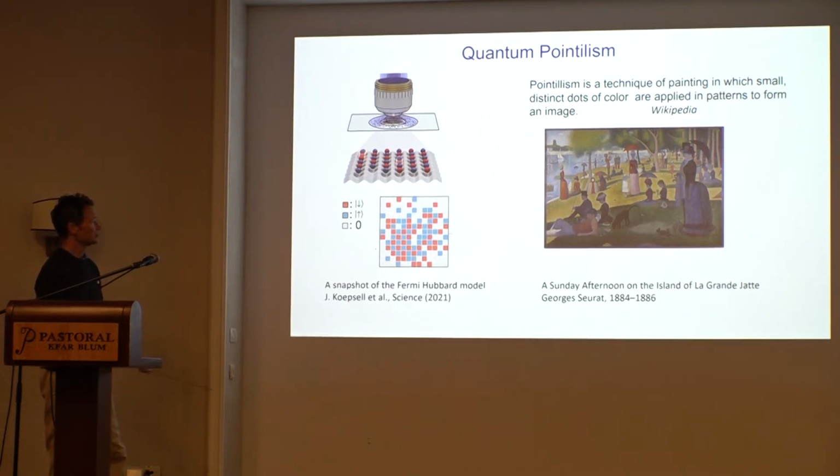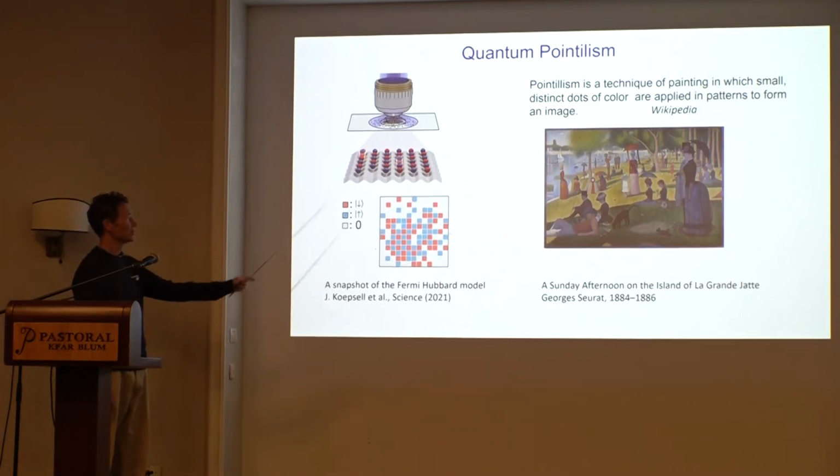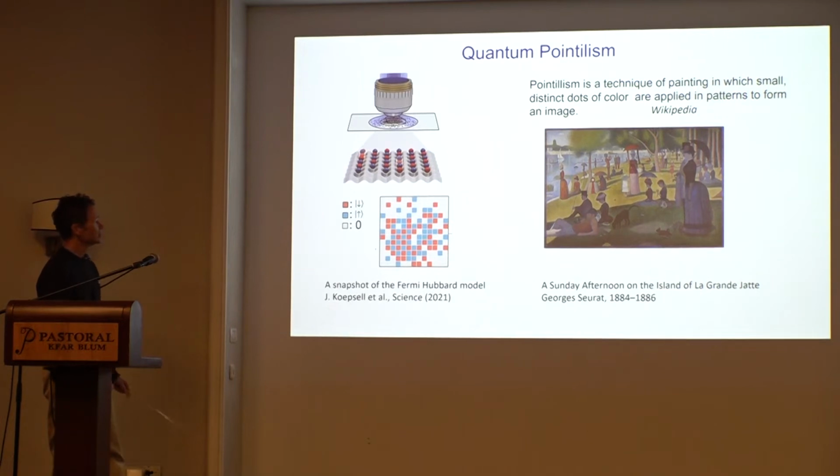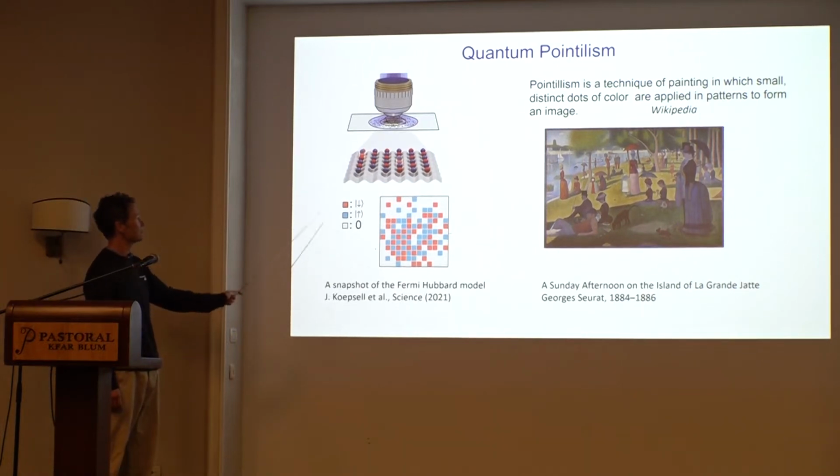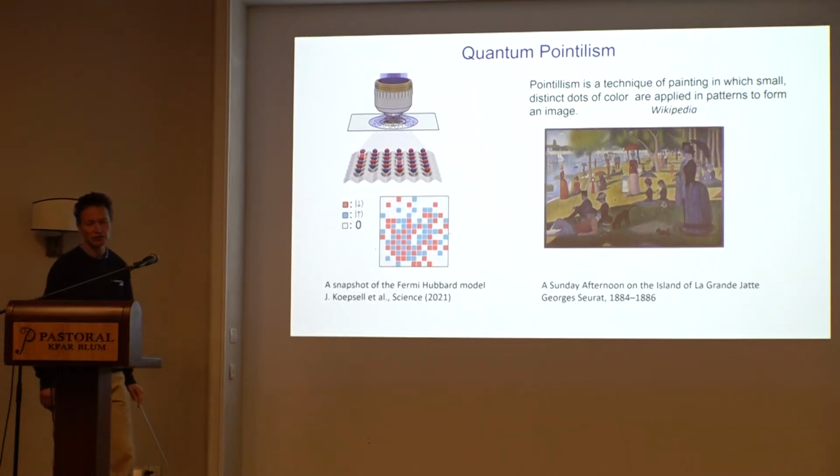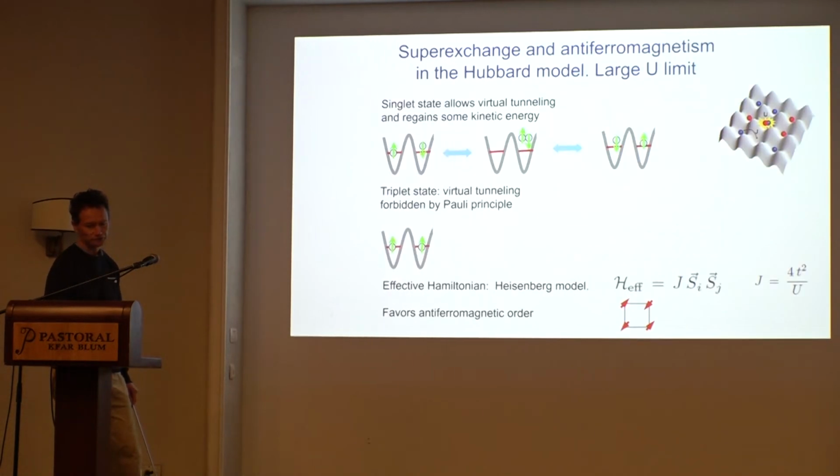This was a certain direction in Impressionist painting, where instead of brush strokes, they use individual dots to create striking images. So a large part of the beginning of my talk will address a question: how can we take this pointillist image of a many-body system and learn something about interesting many-body correlations?